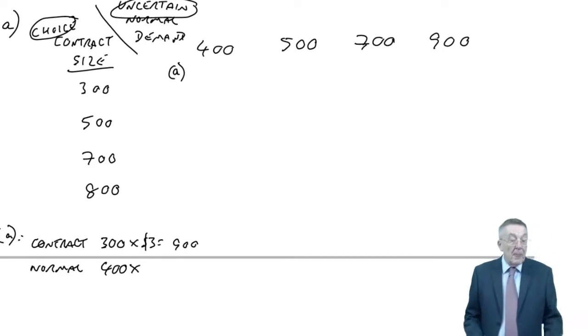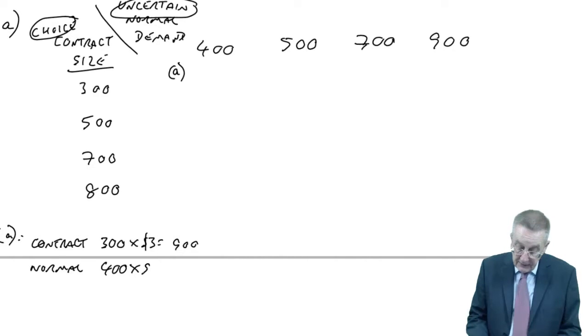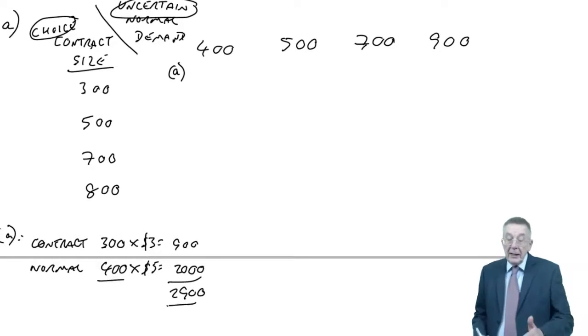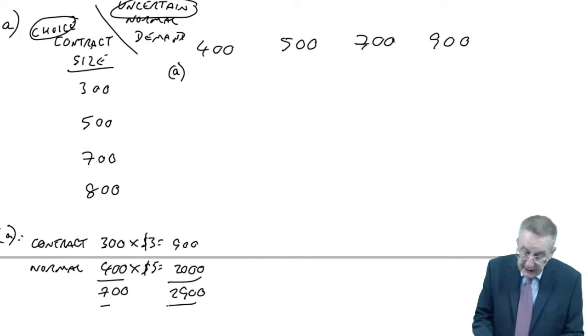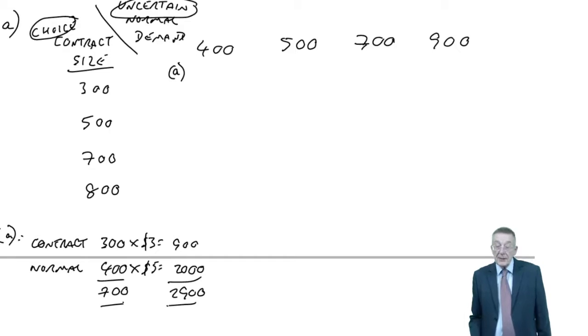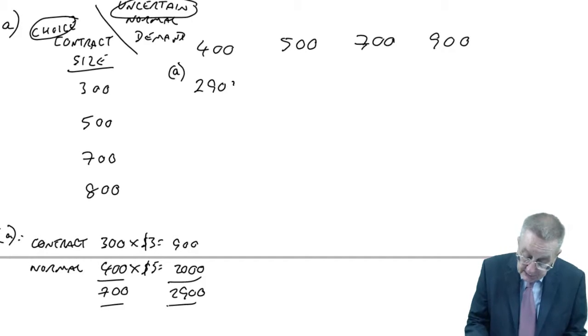And normal customers give us $5 a unit profit, sell for 11, cost 6. And so, if we choose 300, if normal's 400, in total we'll be selling 700, we'll produce 700 units, and the total profit will end up at 2,900.